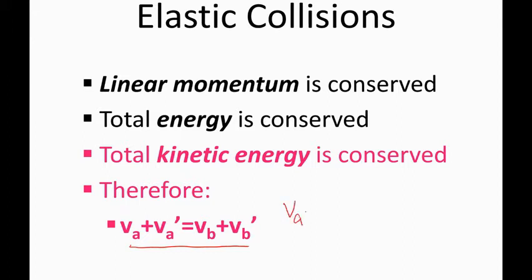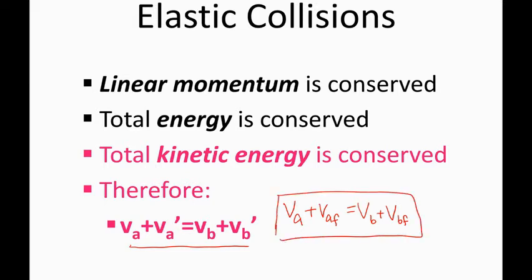Another way to write that would be VA plus VA final is equal to VB plus VB final. Okay. And you can actually derive that equation. It's derived in the chapter in Giancoli that you're working through right now. So I would really spend a little bit of time when you're doing your reading to look at the derivation of that and how we end up getting that.